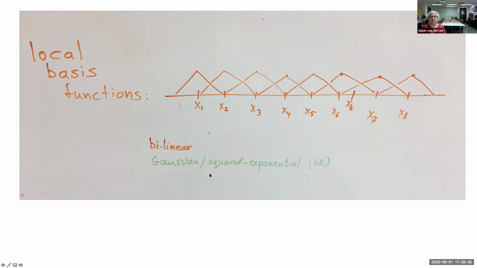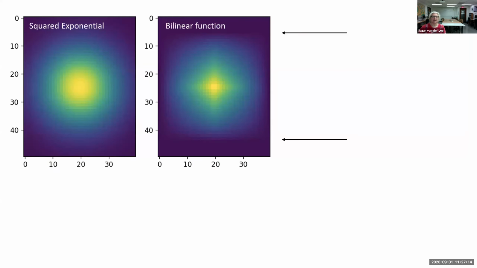That could be beneficial because they don't just give you a continuous function, but they will also give you continuous derivatives and continuous curvatures, etc. So they're infinitely differentiable. And that is a good property for some situations where you need that, for example, if you want to do ray tracing through a velocity model. Anyway, I like these linearly interpolated functions, and I'm going to tell you why in a second.